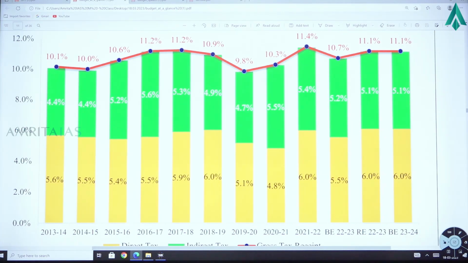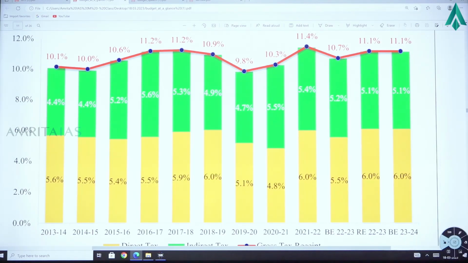We need to enhance it. For that, we need to widen the tax coverage or the tax base. This number is important when you are writing an answer, because in UPSC a question was already asked related to widening of tax base. So when you are writing about how we can improve, you have to quote this number.